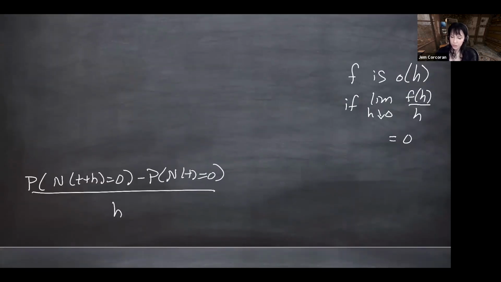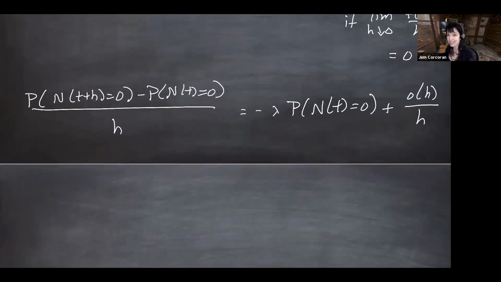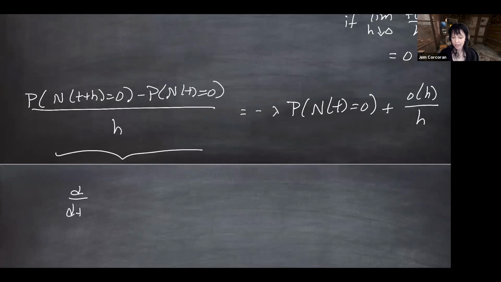This is equal to negative lambda times the probability N of t equals 0 plus a little o of h function divided by h. And that is not necessarily little o of h. Remember, h squared is little o of h, but h squared divided by h is no longer little o of h, because if you divide by h again, you get 1, and that's not going to 0. I'm out of time at the best part. This is a derivative. It's actually a right derivative.